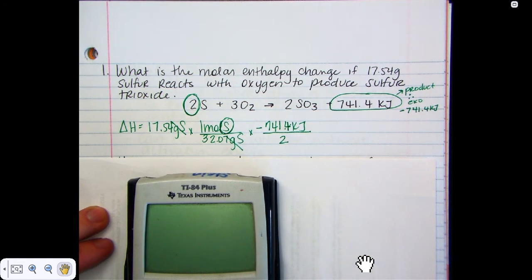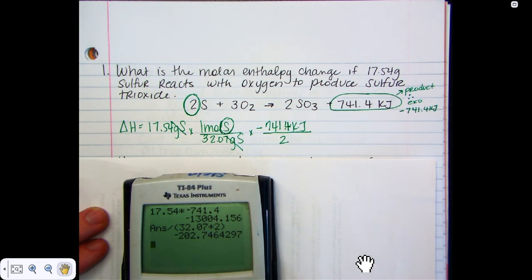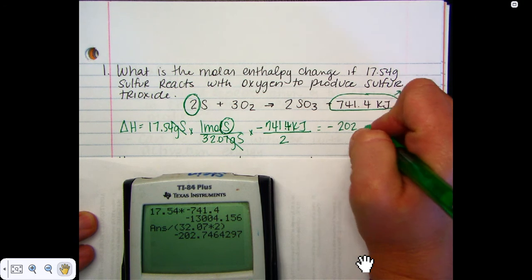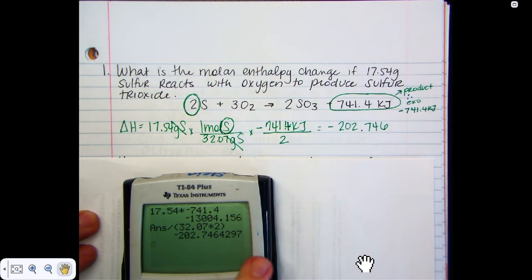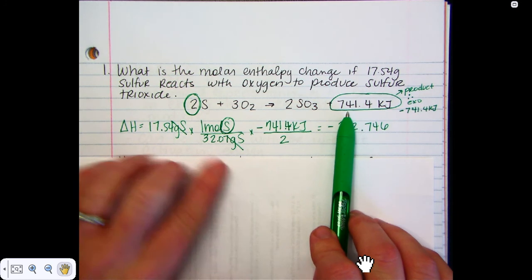So when I put this into the calculator, 17.54 times negative 741.4 divided by 32.07 times 2. And that's going to come out to be negative 202.746. So, first of all, I knew that this was for the entire reaction.